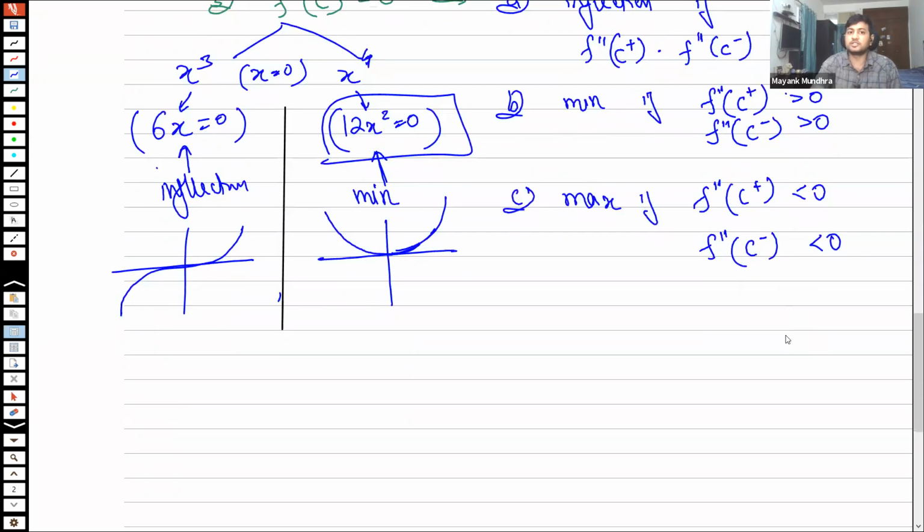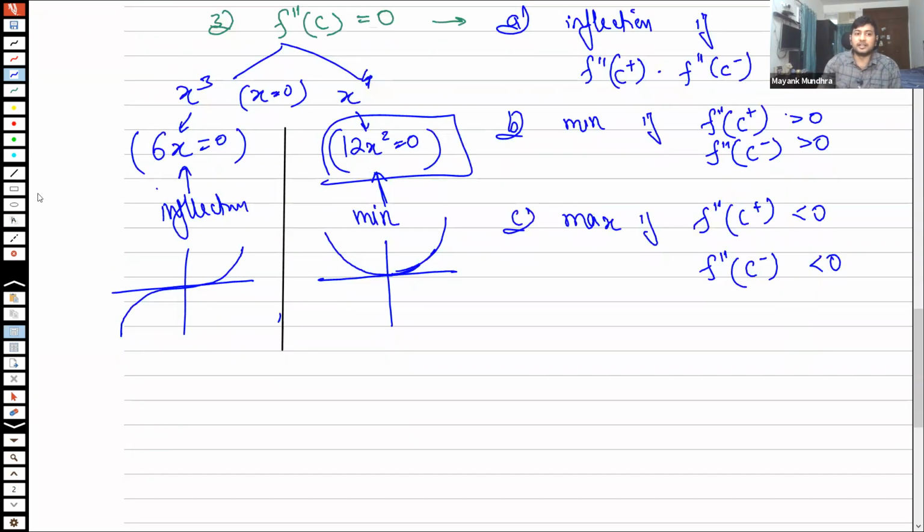So you can really construct a matrix here to derive this, but I don't want you to remember it like that. But if it helps you, then why not?